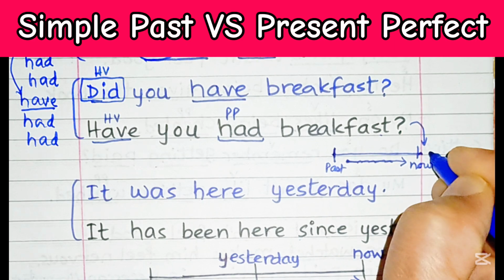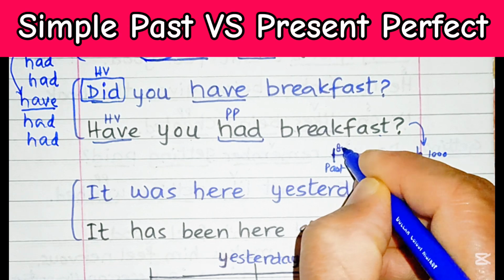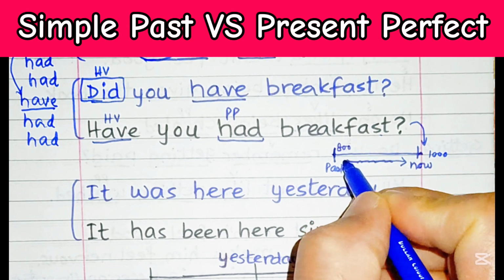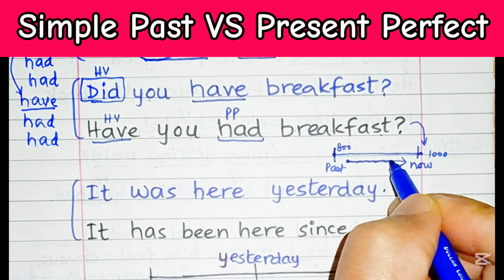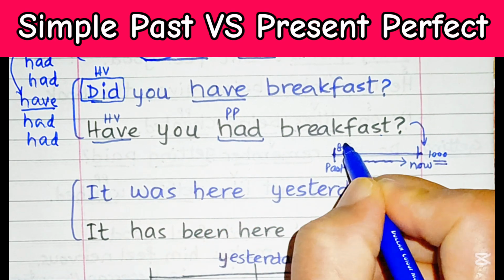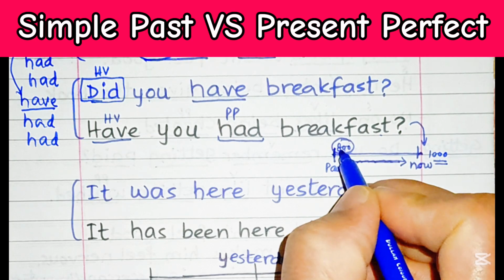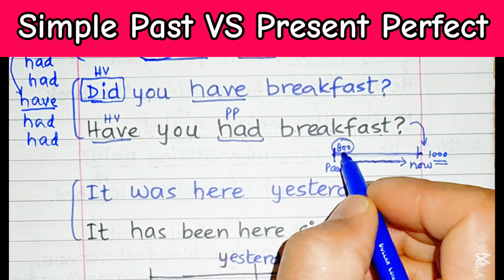So if right this time it is 10 o'clock and this one was done at 8 o'clock, it means that this activity, have you had breakfast, is being asked right here, and it started happening over there, in the past, right in the morning at 8 o'clock.